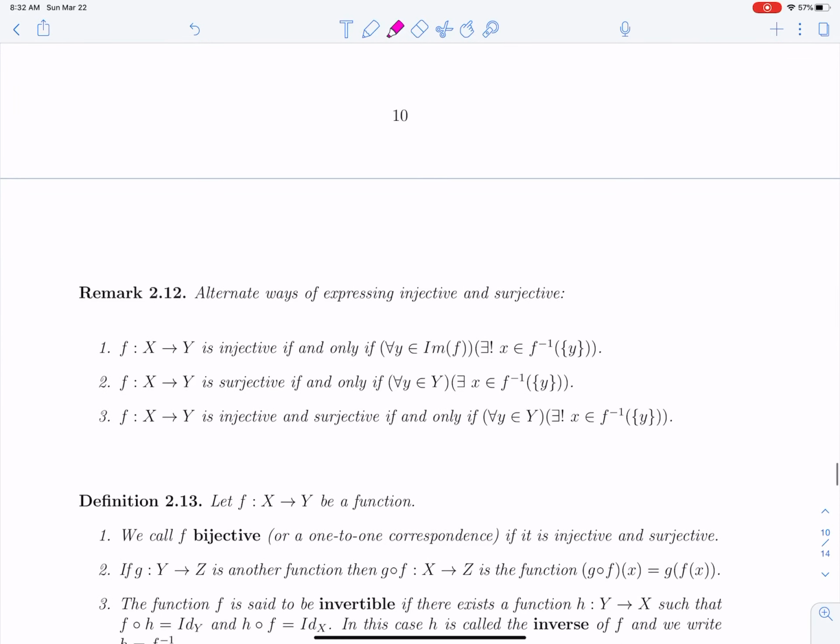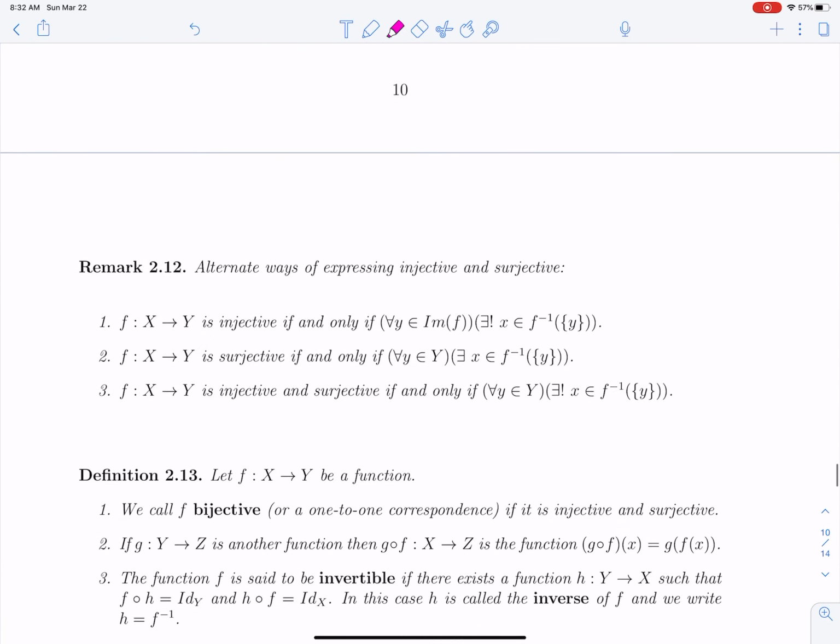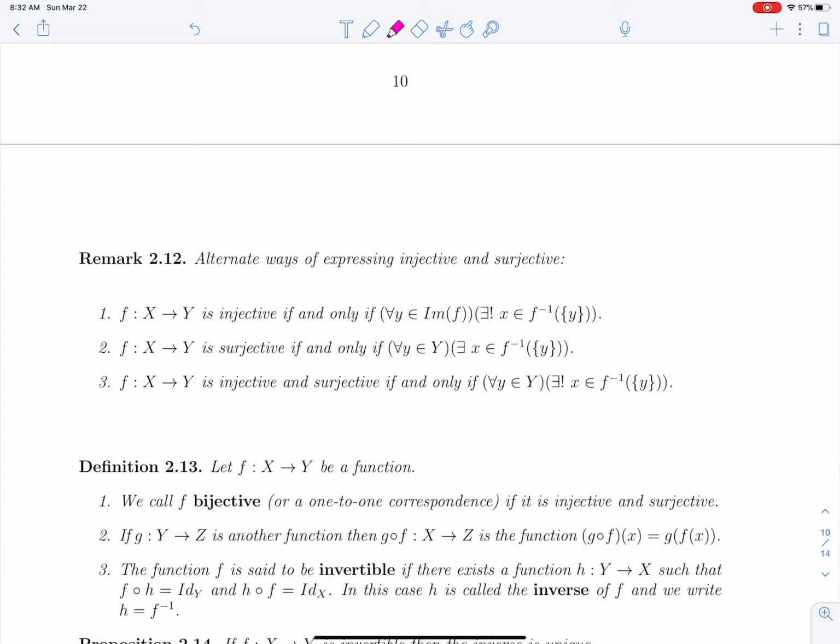So we've got a bunch of alternate ways now to describe injectivity and surjectivity using the preimage. So a function is injective if and only if for every y in the image there exists a unique x in the preimage of y.